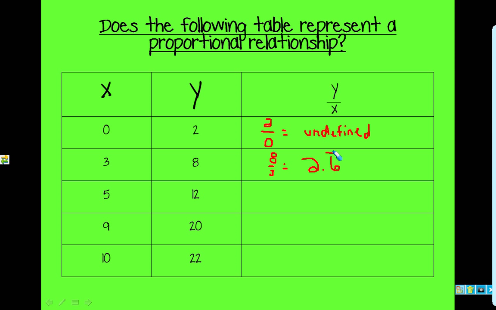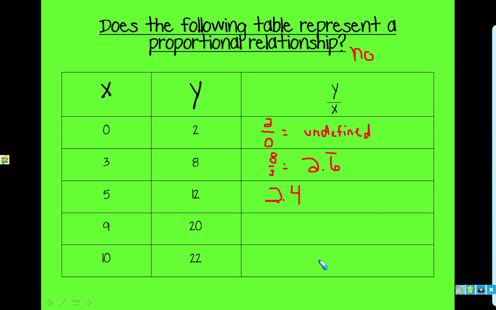We can go ahead and stop this problem. We already know that these two are not equal. They do not have a constant ratio. They do not have a constant of proportionality. So they are not proportional. If you want to continue and fill in the chart, you can. 12 divided by 5 is 2.4. Still not equal. 20 divided by 9 is 2.2.